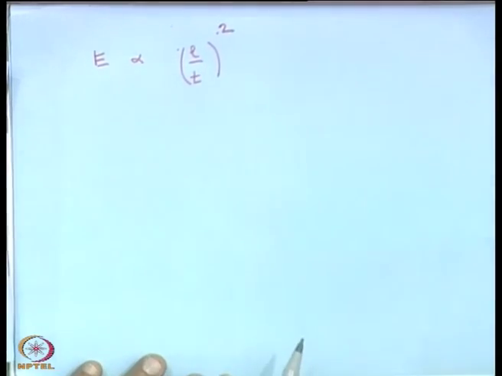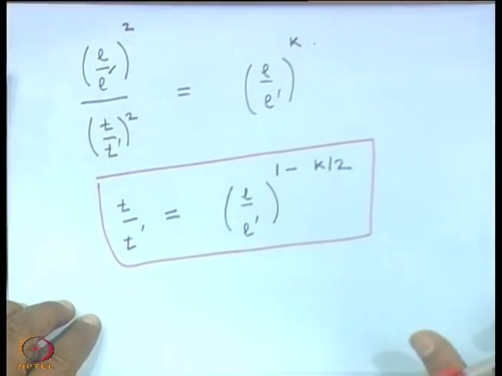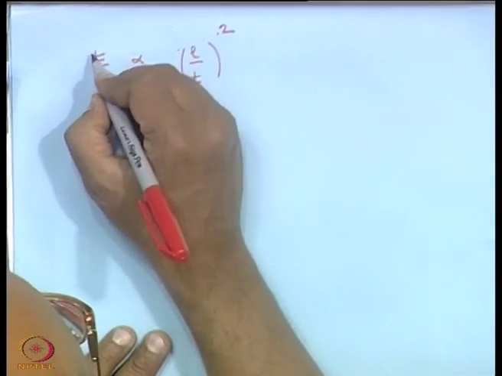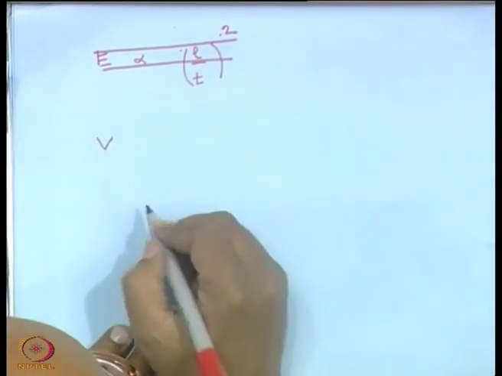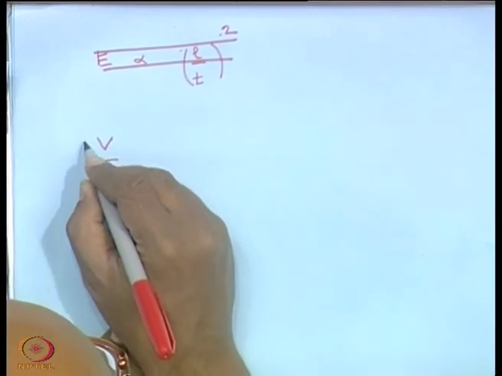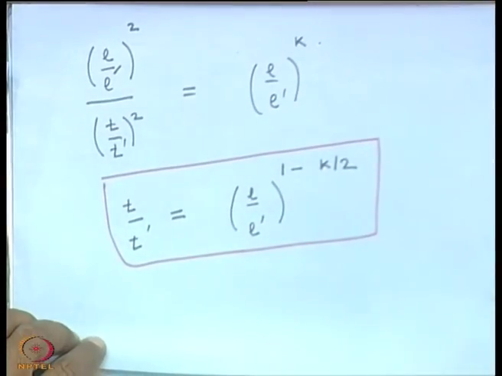Let us work out how the velocity changes first. So, the velocity, v by v prime, if I change my length scale, how will the velocities scale? I will have a new scaled trajectory with the scaled time. How will the velocity scale?